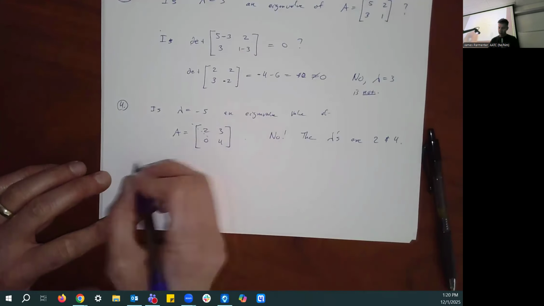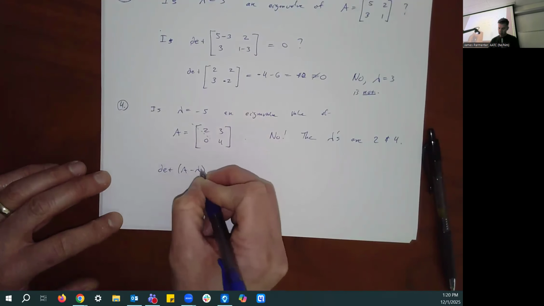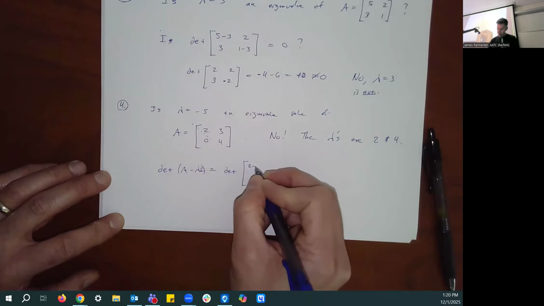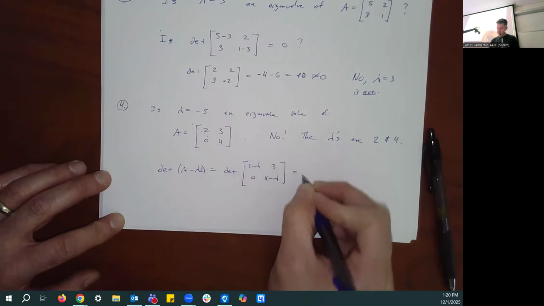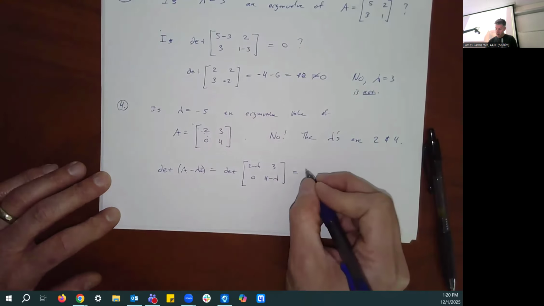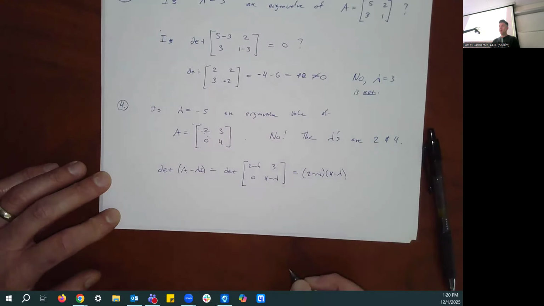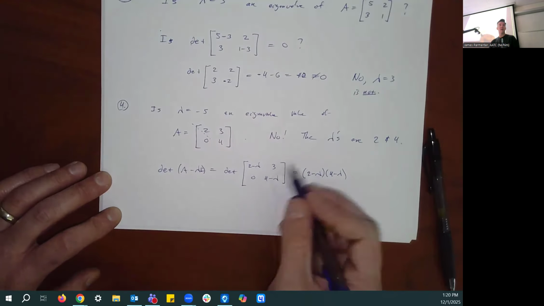If I was trying to find the eigenvalues, I would say the determinant of A minus lambda I, well, that's going to be the determinant of, check it out, 2 minus lambda, 3, 0, 4 minus lambda. And when you actually take the determinant here, look what you get. You get 2 minus lambda times 4 minus lambda minus 0, right? 3 times 0 is 0.